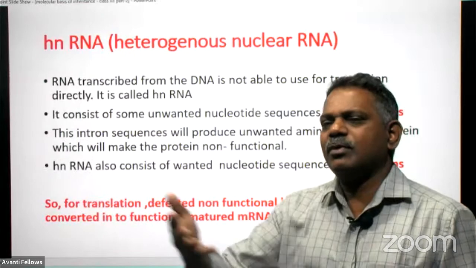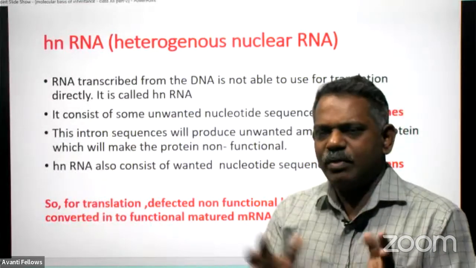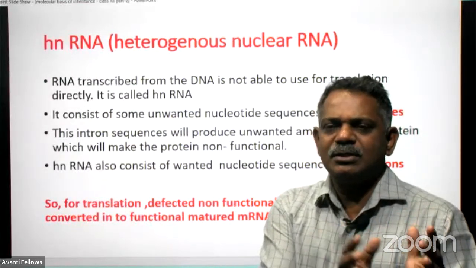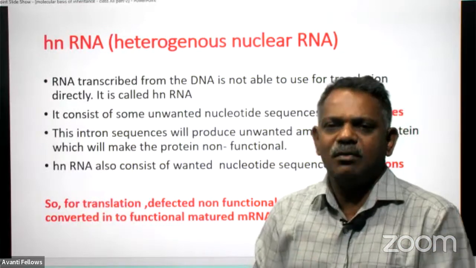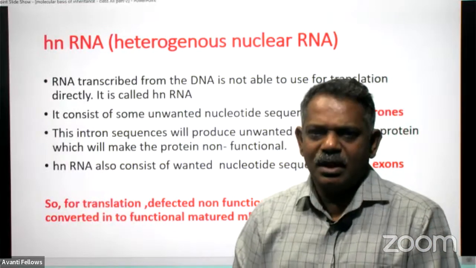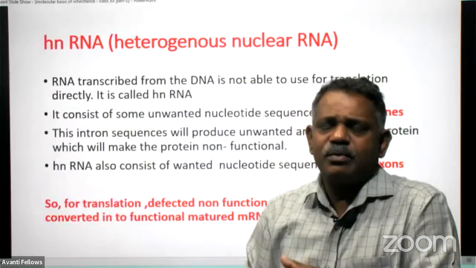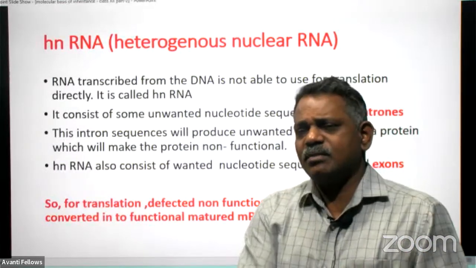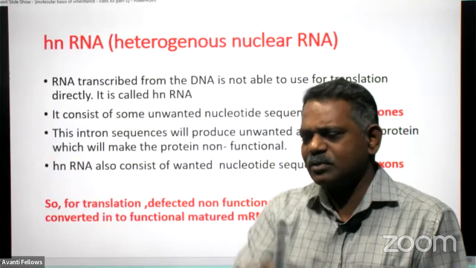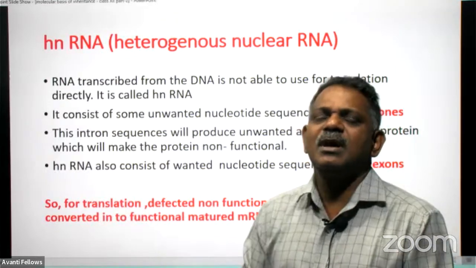Maybe it is required for some other proteins. So depending on the protein, we say what is unwanted and what is wanted sequence of nucleotides. For producing some protein, this sequence is not required, and for producing some other protein in the cell, sometimes the sequence is required. That is why they keep all the sequences in the RNA.